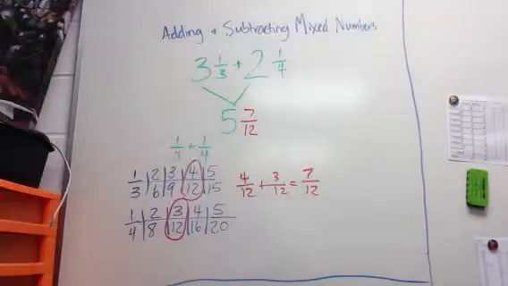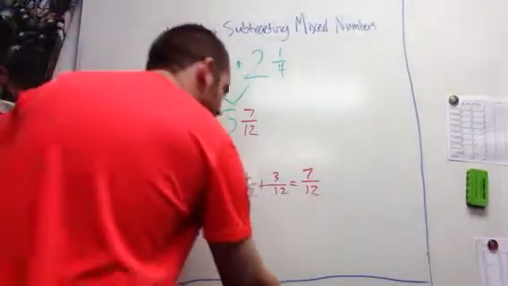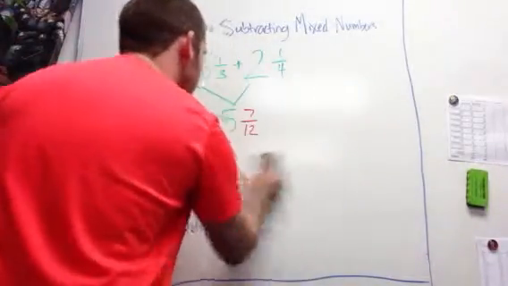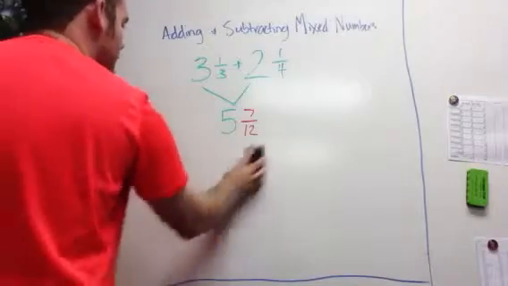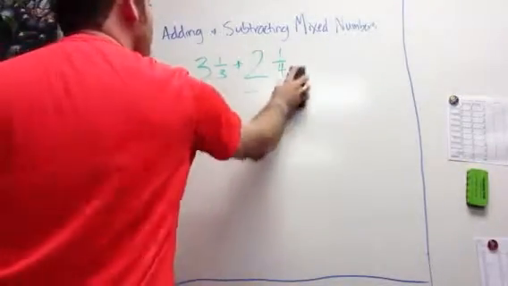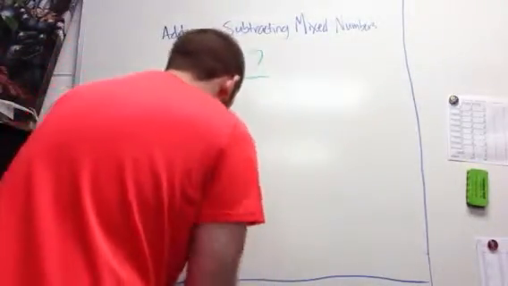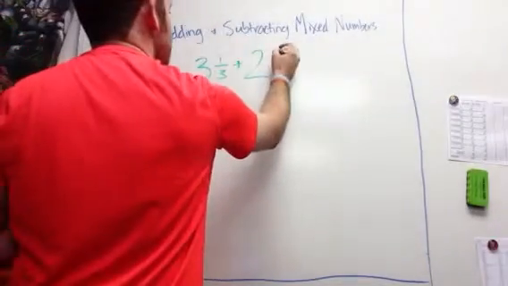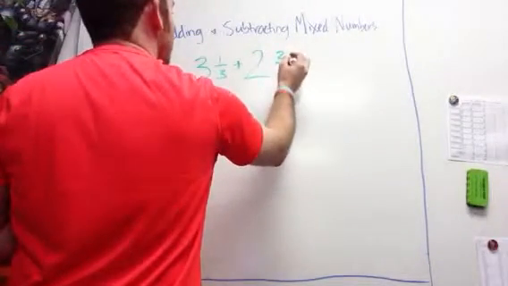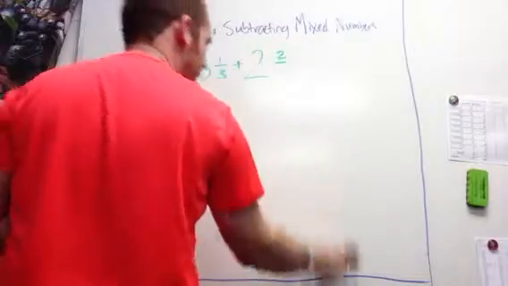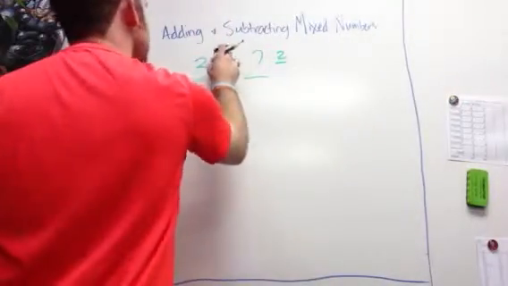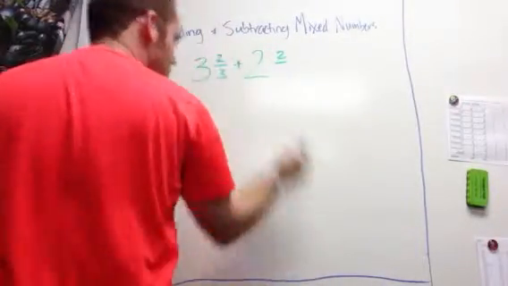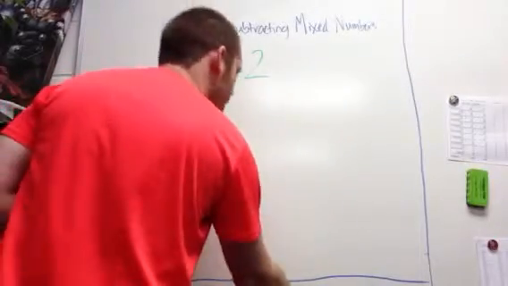Now sometimes when you add two mixed numbers, you will get a fraction that is improper. Remember that when we are adding mixed numbers, the only way for it to be truly a mixed number is... let me find a better example. Let me change this to 3 2/3 plus 2 3/4.